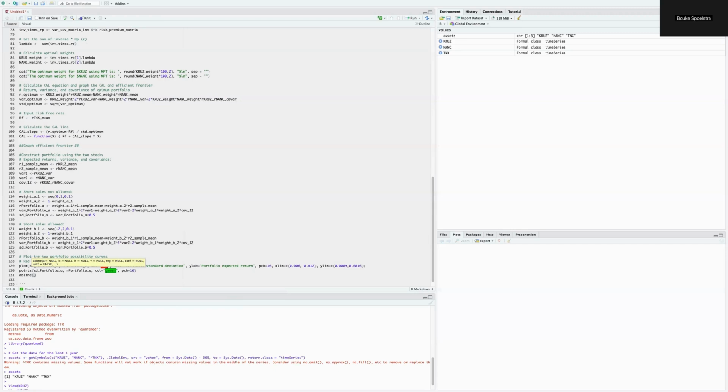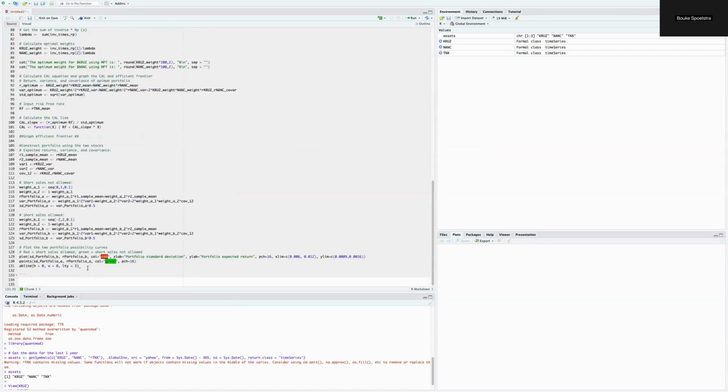Now we're going to use the abline function. abline is just to see where the axes are, so you can just add that to have a line at 0 horizontal and 0 vertical.